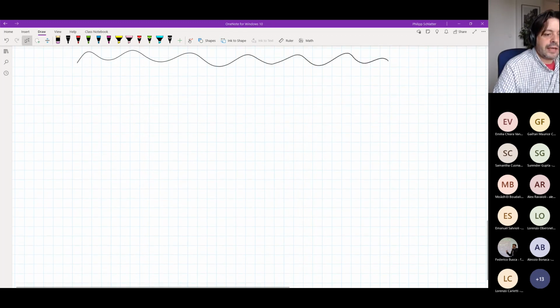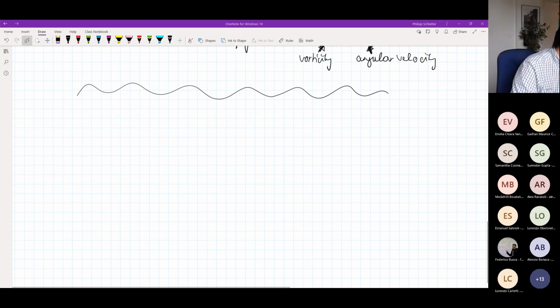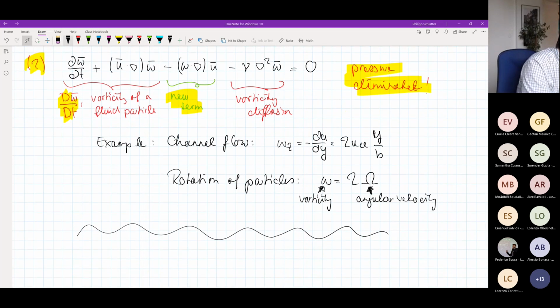As I said, today we will start with trying to understand this one additional term that appears in the vorticity transport equation, and then we will look at 2 examples. So the term that we need to understand is this one here.